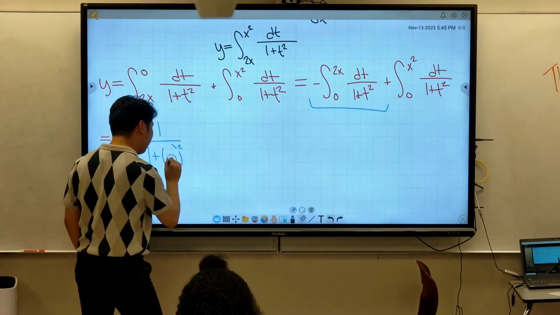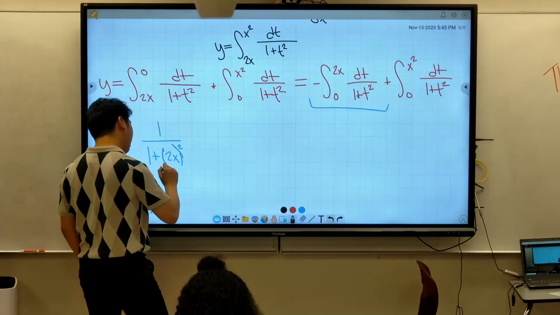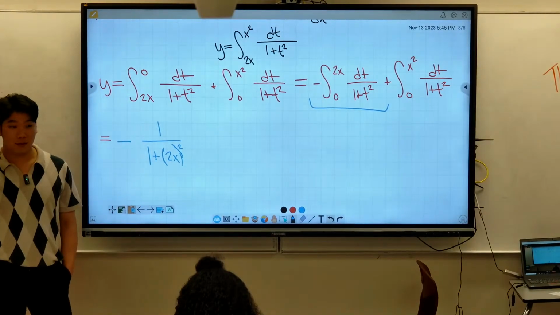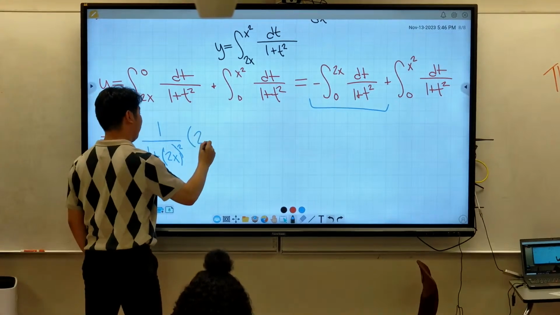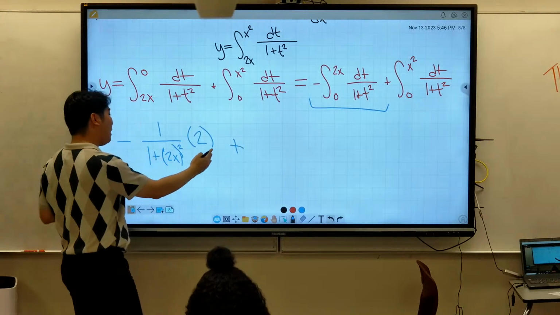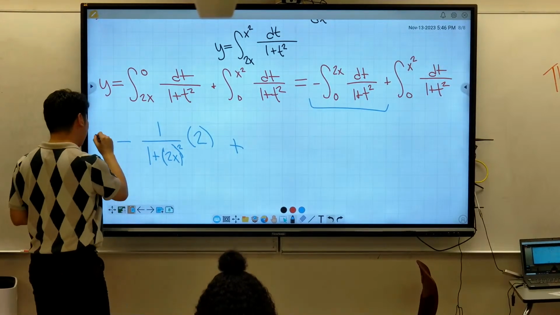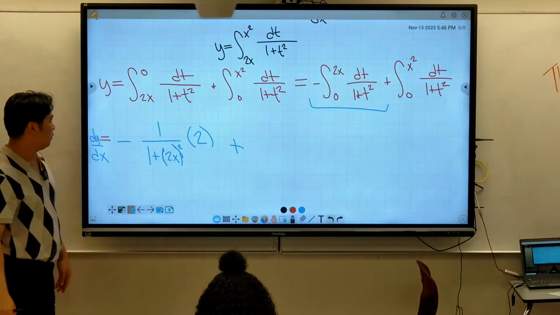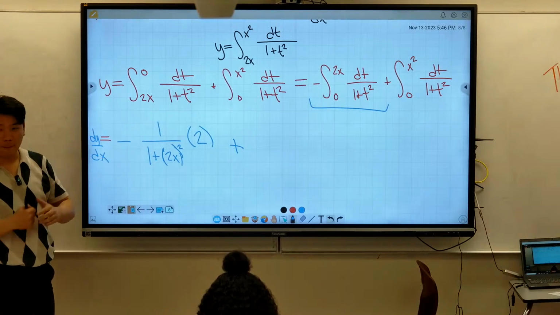Chain rule says I have to multiply by the derivative of 2x. So what's the derivative of 2x? Yeah, we get 2. This is dy dx. So this is the derivative of the first integral.